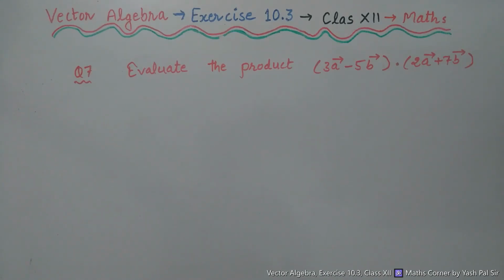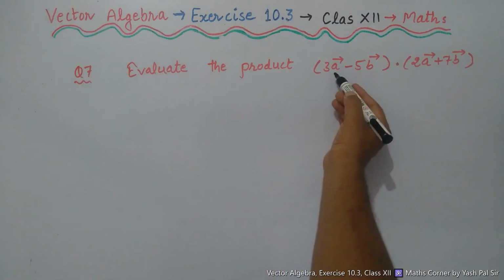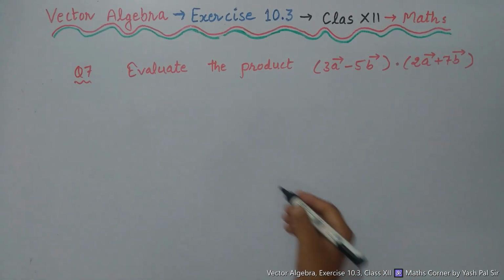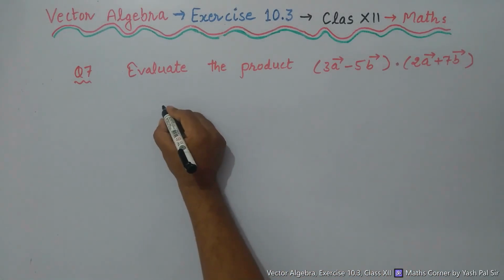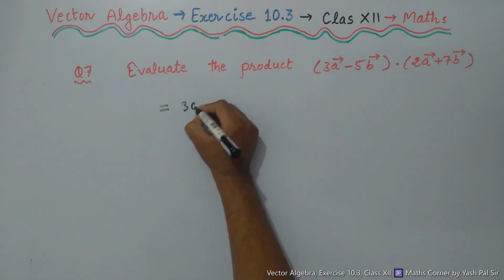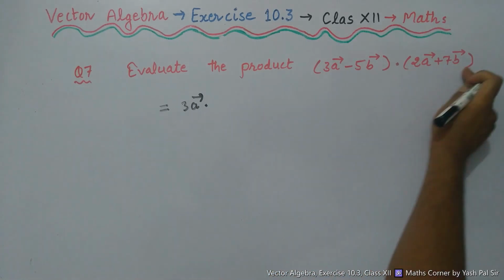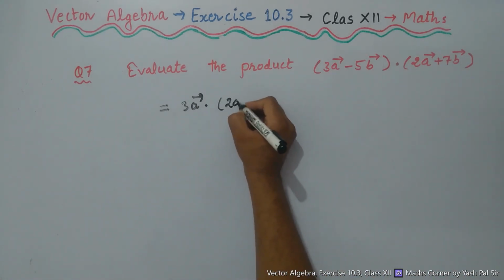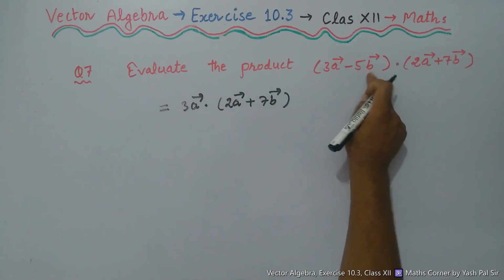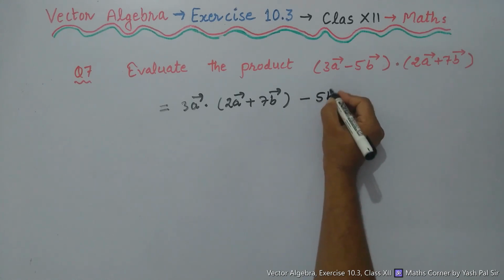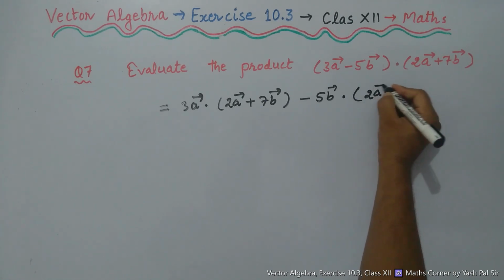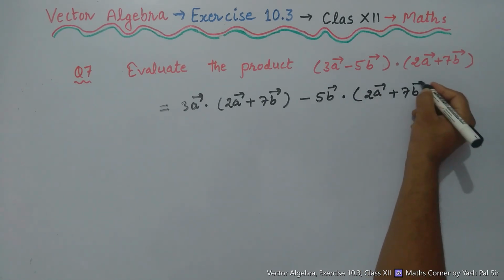Our next question is question number 7. Evaluate the product (3a minus 5b) dot product (2a plus 7b). So here first of all we write the first term 3a dot second bracket 2a plus 7b, second term minus 5b dot second bracket 2a plus 7b.